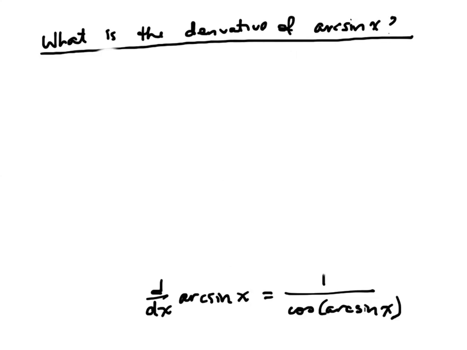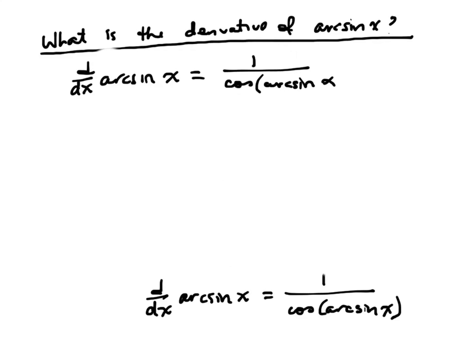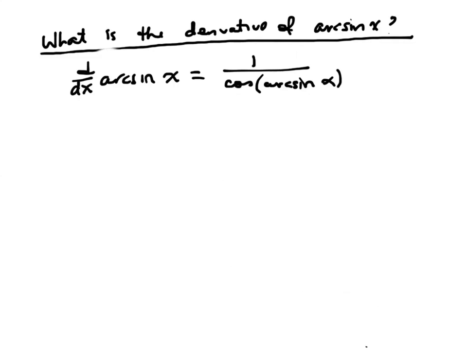So we're at this point where we know that the derivative of arcsine of x is 1 over cosine of arcsine of x. And now the question is, what is cosine of arcsine of x? Can we make this look any nicer?